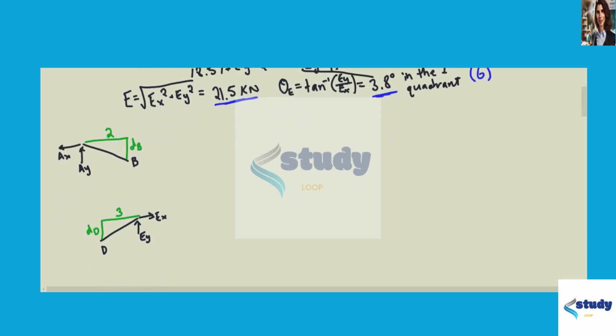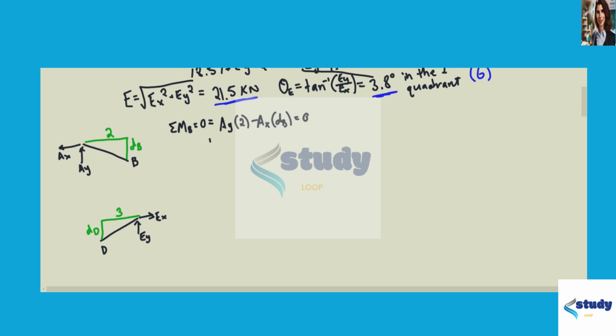So we're going to do a free body diagram from just A to B in order to calculate the dB. So we're going to take the sum of moments around B, set it equal to 0. And this will equal AY times 2, because there's 2 meters in the horizontal direction between A and B, minus AX times dB, which is what we're trying to solve for, equal to 0.